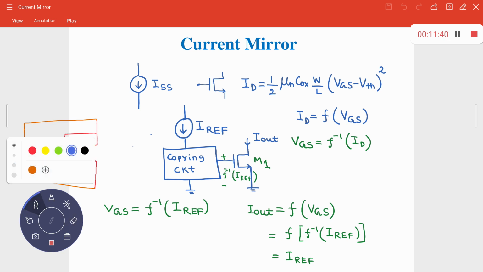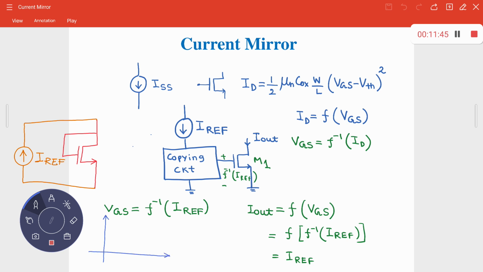Suppose this one is IREF, that is your input stimulus, and this voltage, plus minus, I can call it VGS, no problem because gate and drain are shorted. So how does this VGS vary with IREF?